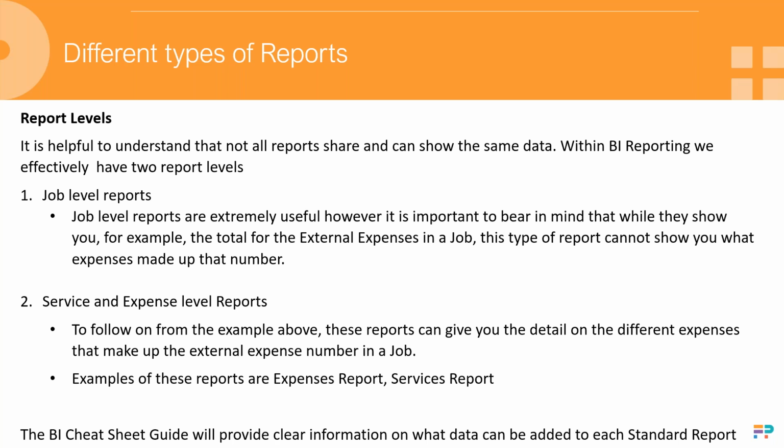These are extremely useful reports, but as the blurb here says, bear in mind that when it's reporting the numbers for, say, internal services or internal expenses or external expenses, it's giving you the total number for that job, for either the time period or for the job as a whole, depending on how you're looking at it. But it doesn't give you the option to say what made up those external expenses. You can't drill down within that type of report.